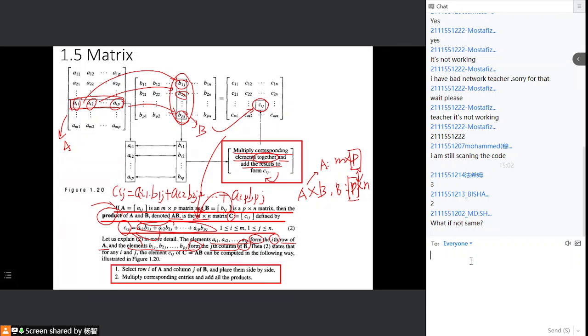So the number of columns of A must be the number of rows of B. And the shape of C is equal to m by n. The m is from the rows of A, and the n is from the columns of B.